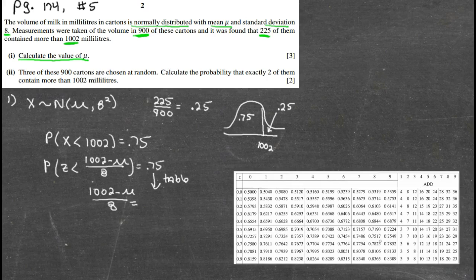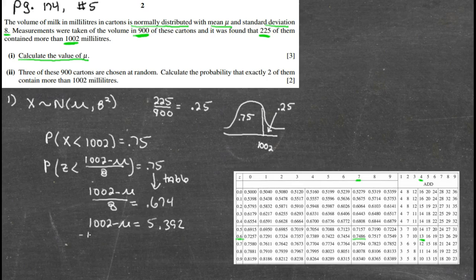The closest one is right here, 0.7486. That gives me 0.67. And I look over here and I need to add 14. Well, 13 is closest to it, so then I use the 4. So 0.674.